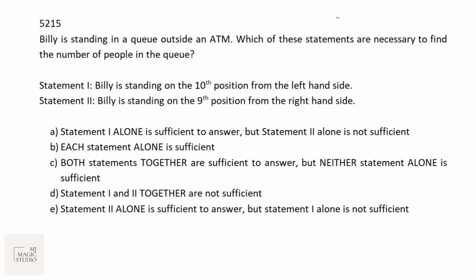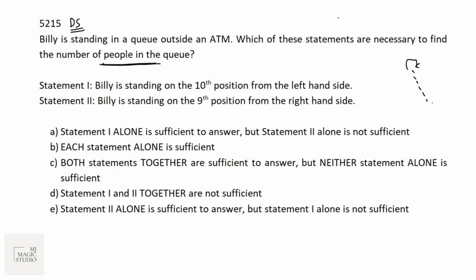Okay, let's see what we have here. It is data sufficiency. Billy is standing in a queue outside an ATM. Which of these statements are necessary to find the number of people in the queue? Statement 1 says Billy is standing at the 10th position from the left hand side.